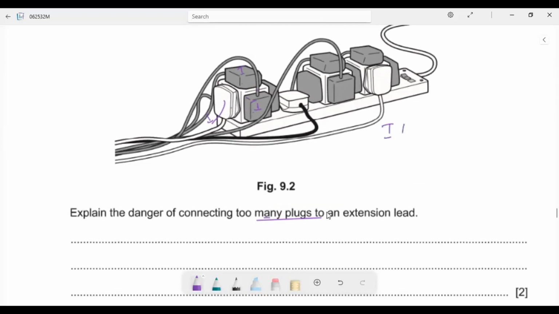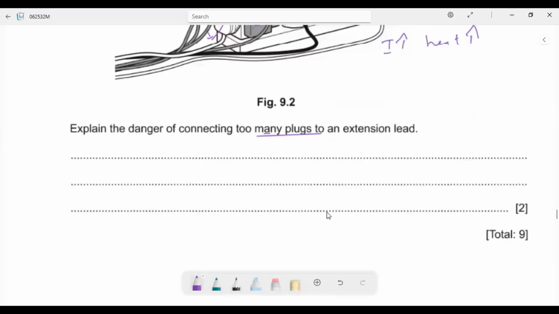More current means more heat generated, and it will not be able to withstand that current and heat, and eventually it will get damaged. When you're connecting more plugs, it will try to draw more current and cause overheating.